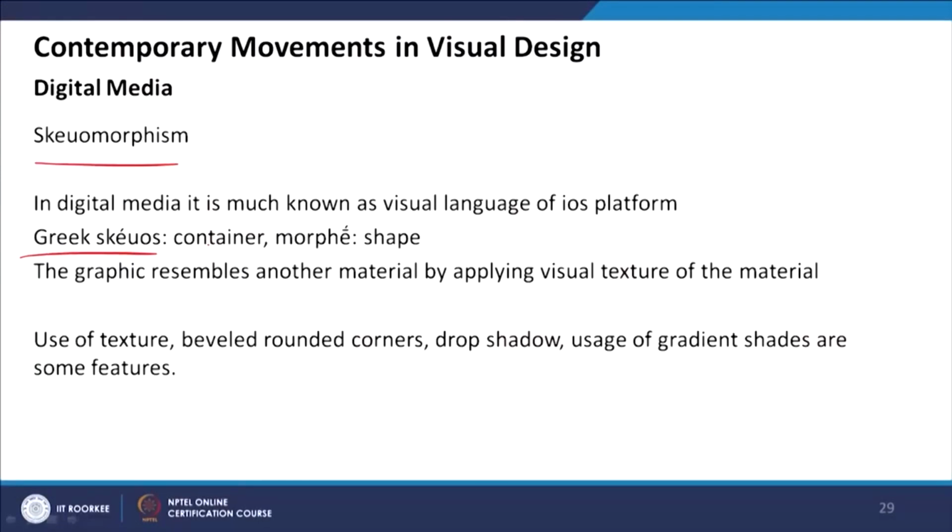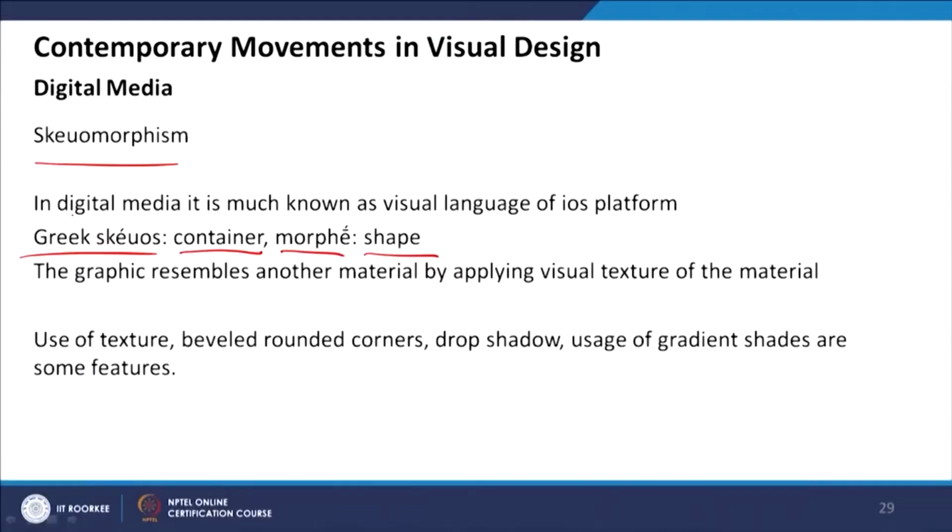Skeuomorph comes from the Greek word skeos, which is a container, and morph, which is shape. Whatever the container of this design or graphical user interface is, it will take the shape, texture, and color of that particular container.